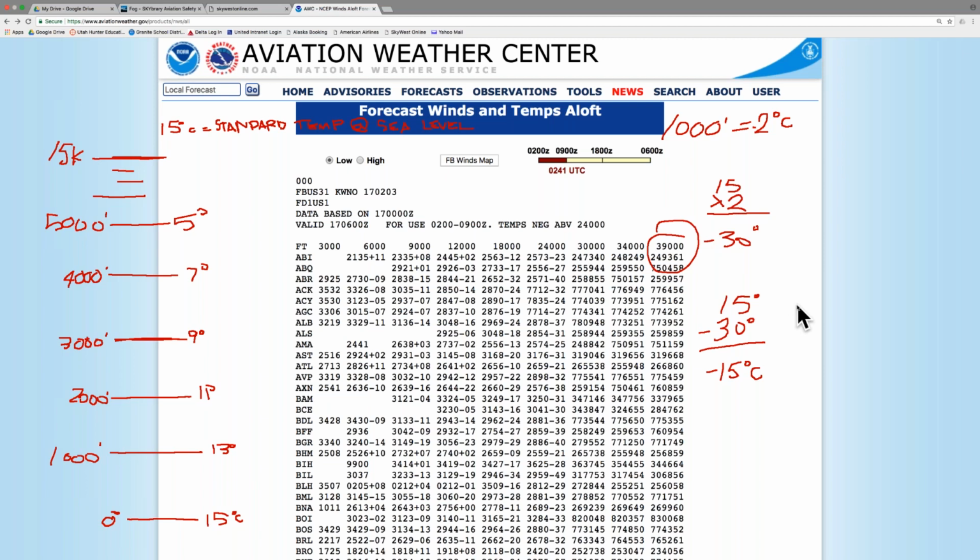But if we're sitting there trying to figure out the standard and the dry adiabatic versus the saturated, it just gets so muddled and so confusing that, yeah, they know that pilots aren't smart enough to figure out all that stuff and get the same number.